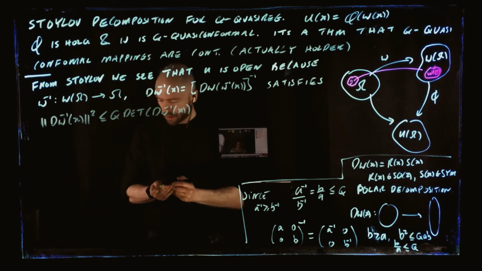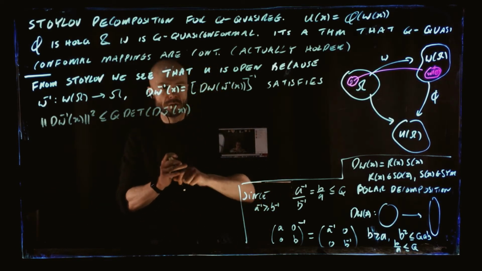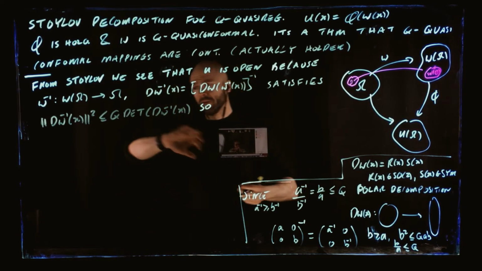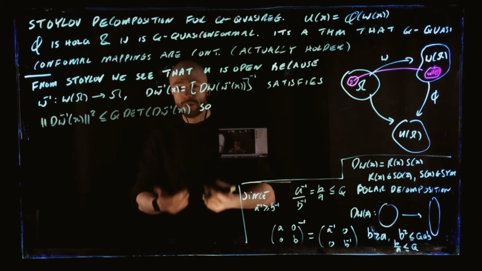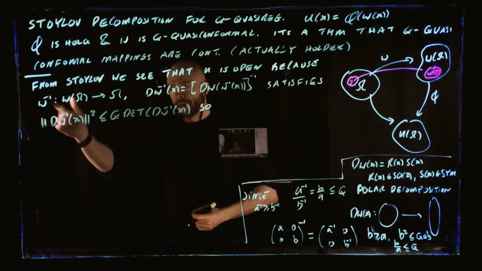That is, it is quasi-conformal too, in the sense of the way the matrix is distorting. It's a non-trivial thing to show that the inverse is actually in the Sobolev space W1n.